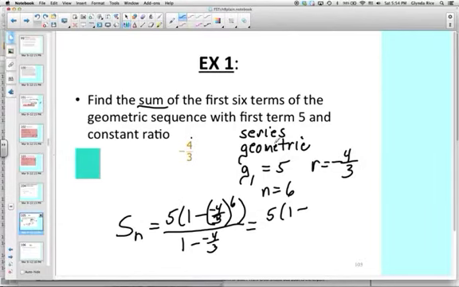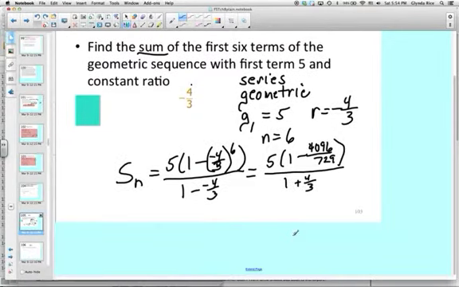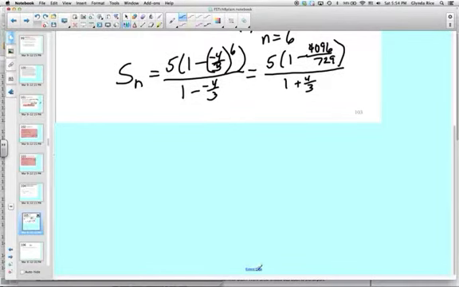And we have 4096 over 729 over 1 plus 4/3. I think I'll extend this page. Okay, let's keep doing the algebra. I'm going to go the long way a little bit.